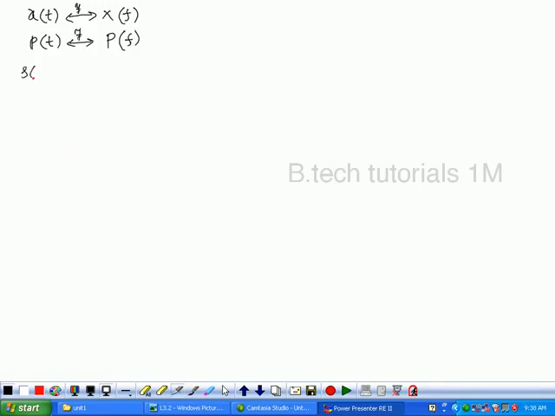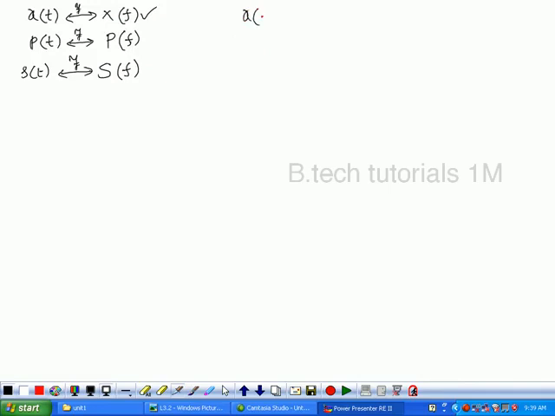And let s of t have the Fourier transform denoted as S of f. Fourier transform of x of t is X of f. Fourier transform of p of t is P of f. What is x of t here? x of t is selected arbitrarily. So that's why we are letting the Fourier transform of x of t be given as this X of f.